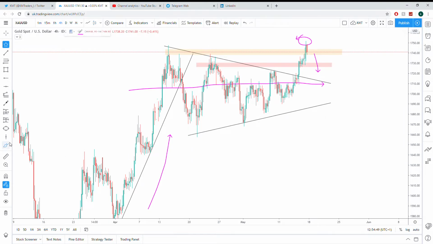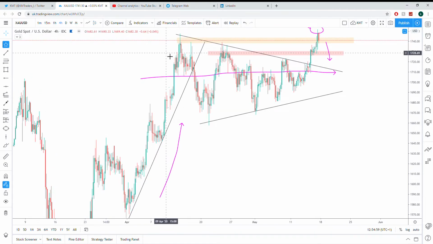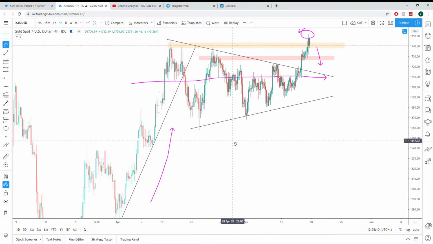This is a huge push to the upside, and obviously we need to have a breaking point. People who have bought from this point have either taken their profits here because they believe that the market is overextended and it needs to push further down in order to make another decision.